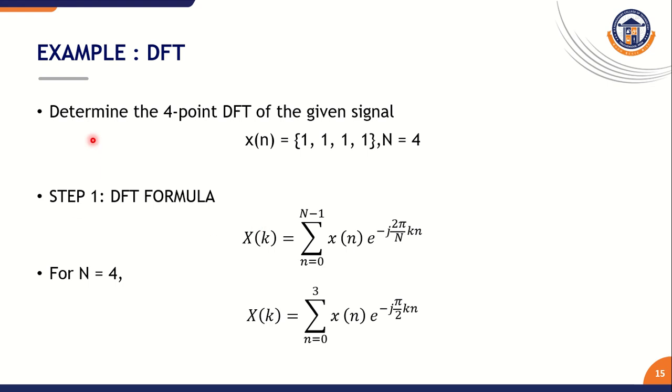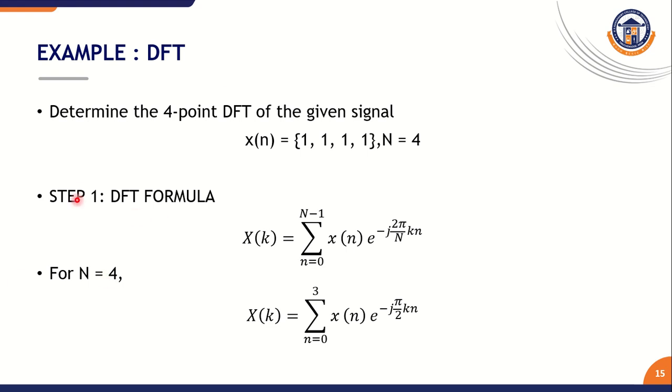The example is to determine the 4-point DFT of the given signal small x of n equal to 1, 1, 1, 1. Here capital N equals 4. This step-by-step approach is very important to compute the DFT.